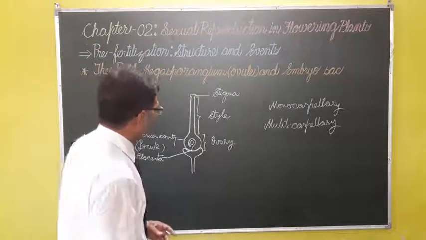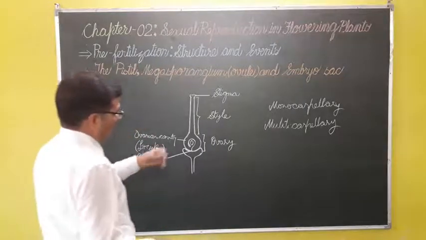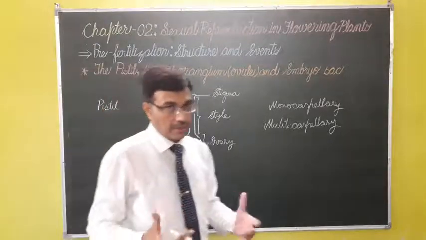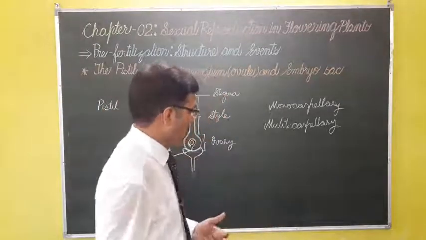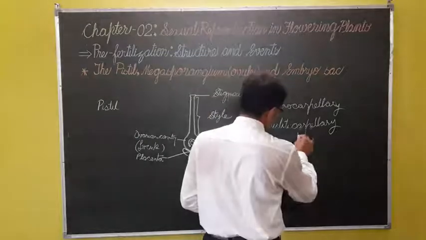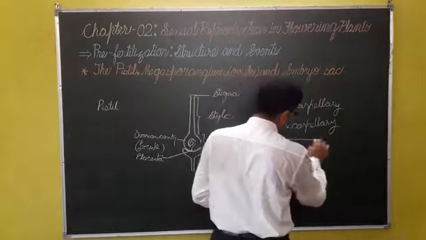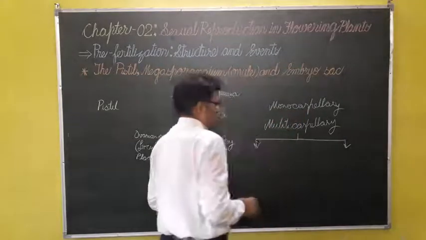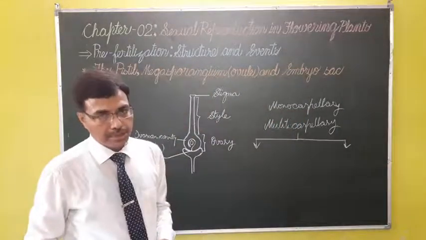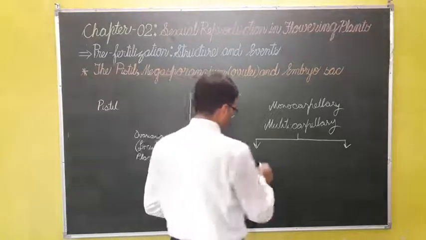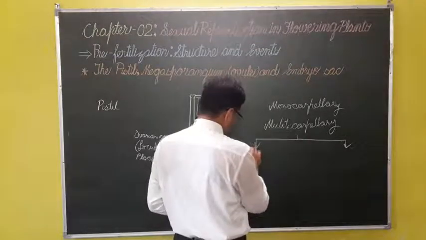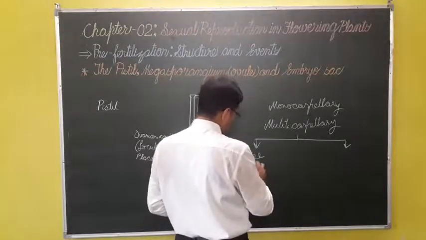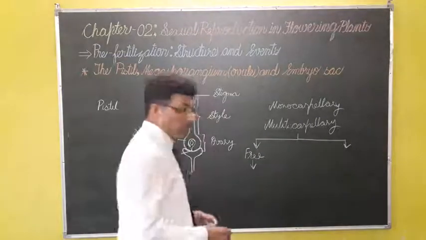Now, if more than one pistil is there, the pistils may be free or they may be attached. If the pistils are free, then that condition is called apocarpous.